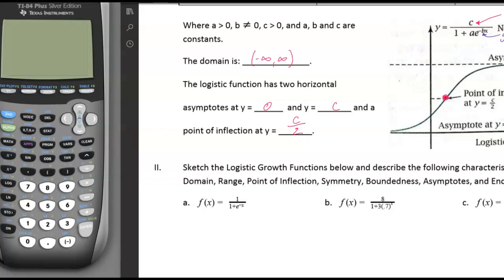Which asymptote do you think is binding this below? The y equals 0 or the y equals c? y equals 0 is what is binding it below, or it's called bounded below by y equals 0. And which one do you think is binding it above? y equals c. So we say it's bounded below by y equals c. I'm sorry, above. Oh God. It's bounded above by y equals c.